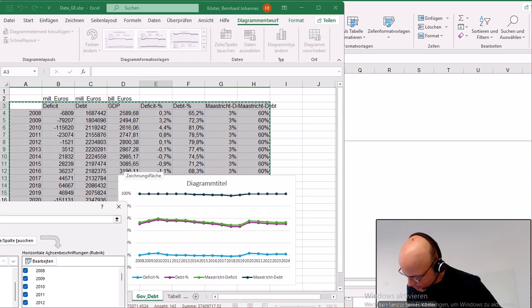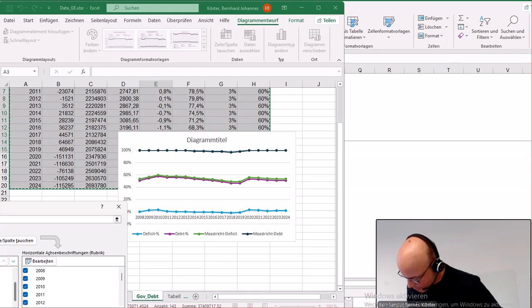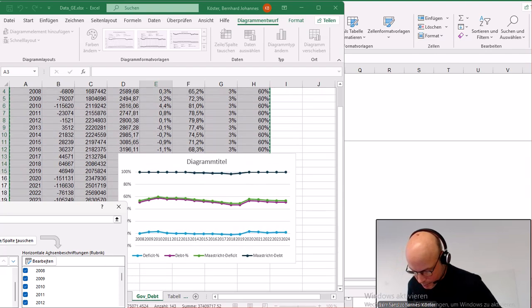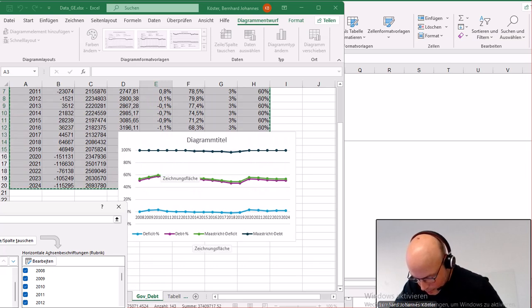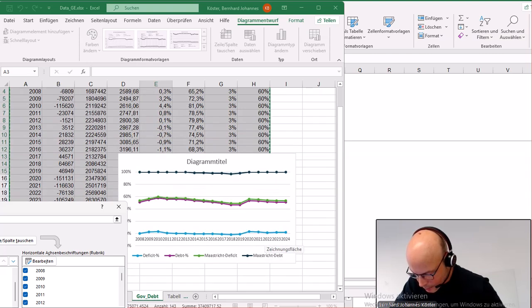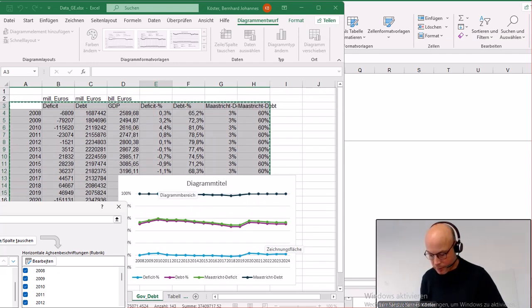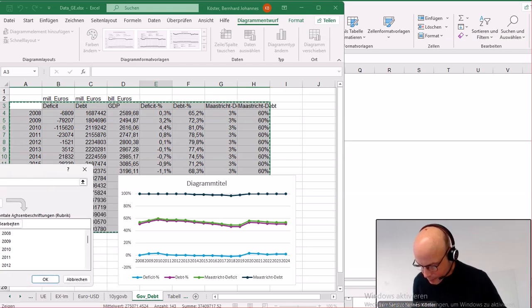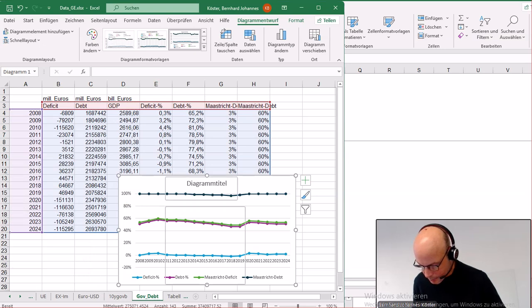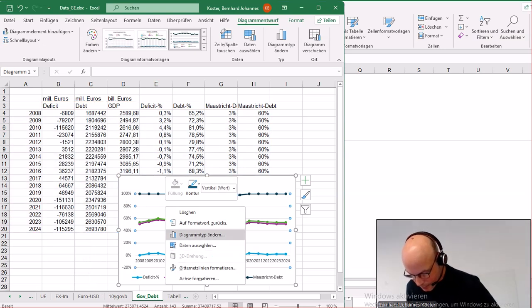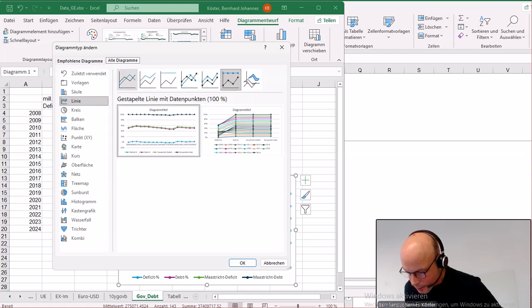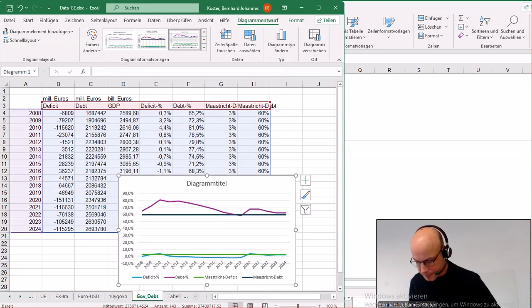Deficit, debt in percent, Maastricht. Why do we see here 100? Oh, yes, I know. This is the wrong representation. Here, this one. No, it's better.